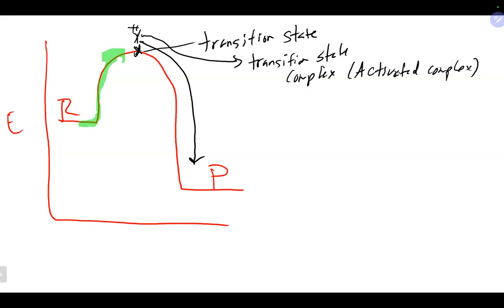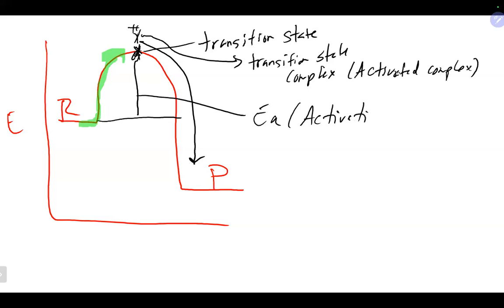Now, there is another barrier to a reaction taking place in terms of energy, and it is this part right here. It is the part from the energy of our reactants to the top of the hill. And that is what is known as E of A, or the activation energy.